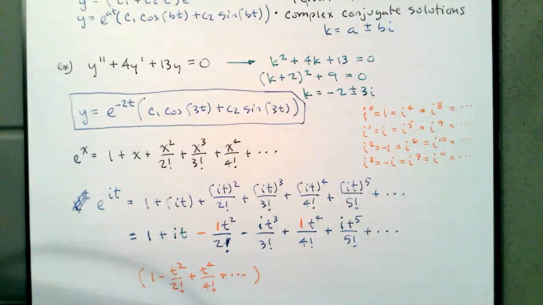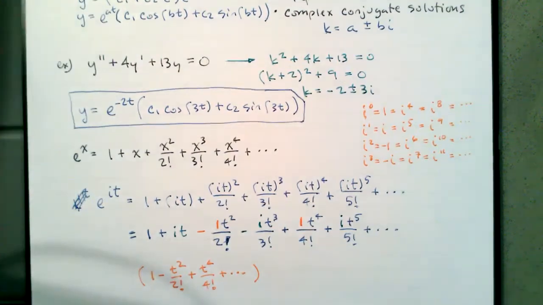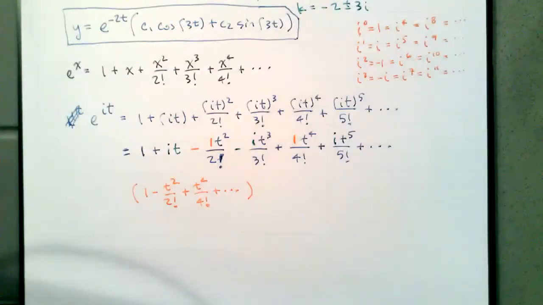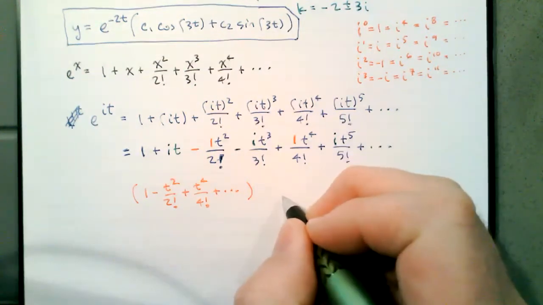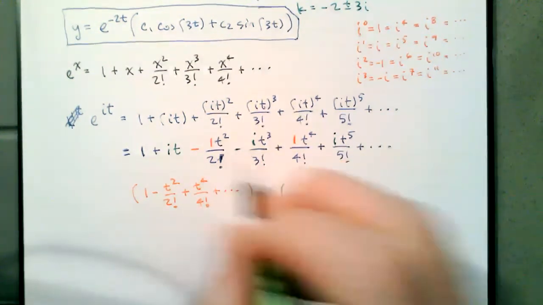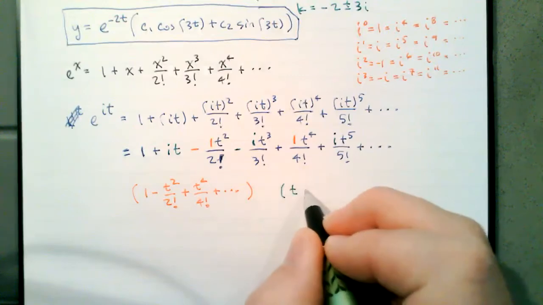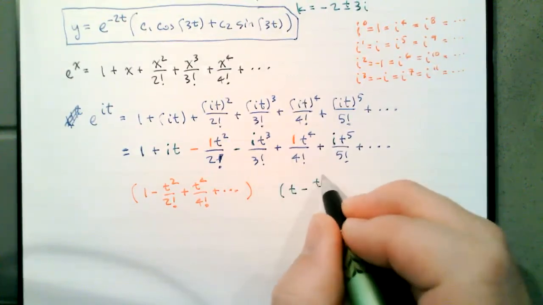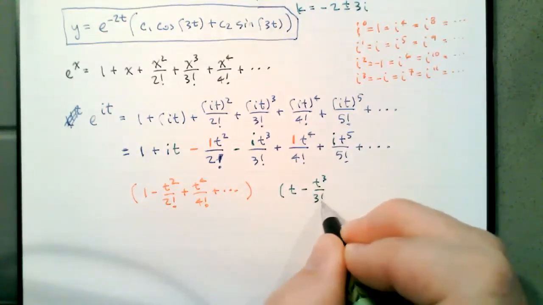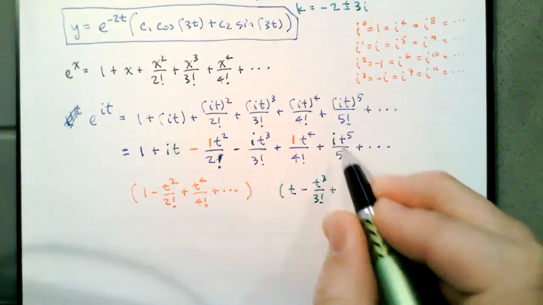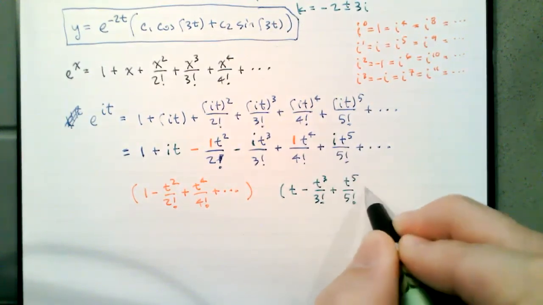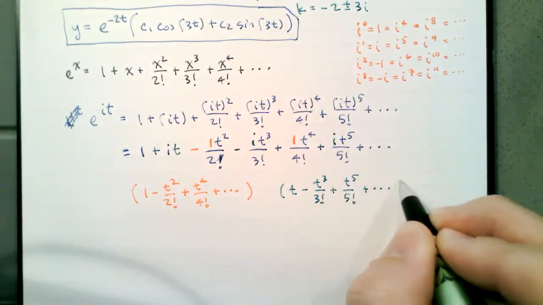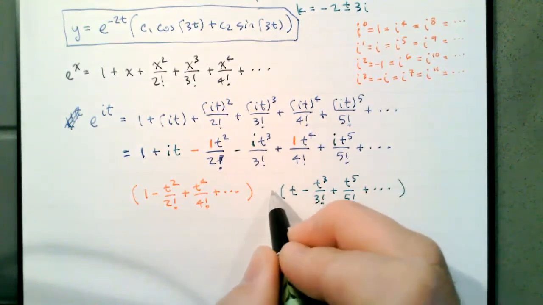And then I have this imaginary part. All the odd ones have a factor of i. So I'm going to have i times t minus i times t cubed over 3 factorial plus i times t to the fifth over 5 factorial. Oh, and these are all multiplied by i.